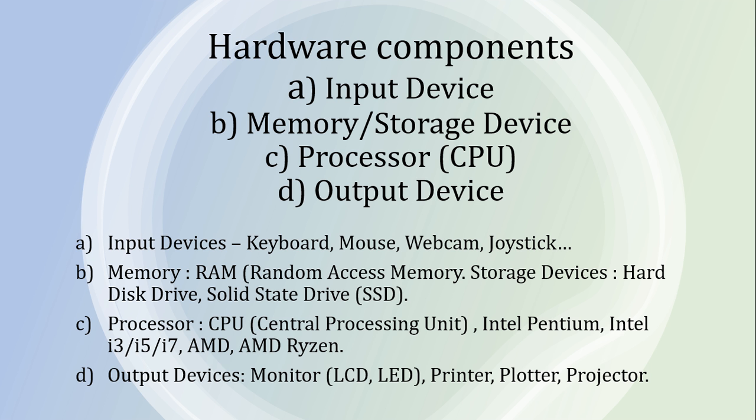Next, memory. There are two types of memory. First, random access memory, that is RAM. RAM is a memory which does not store data permanently. It is not a permanent memory or storage device.